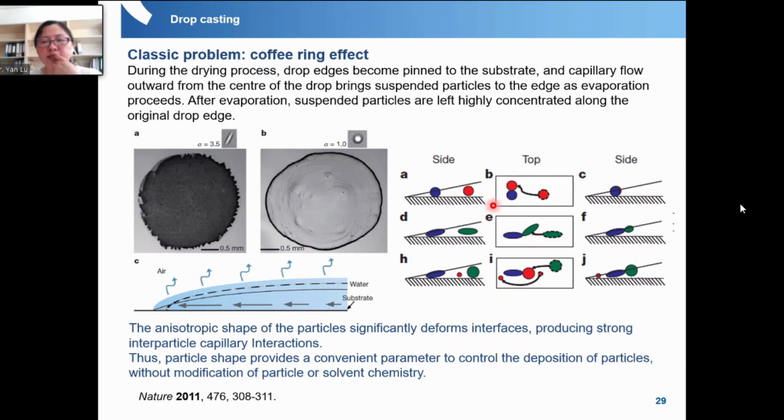In that case, they produce a strong interparticle capillary interaction. And also, the shape of the particle provides a way to control the deposition of particles without changing anything, so you do not need to modify the solvent or modify the substrate. So this is one of the easiest ways you can overcome this coffee ring effect.